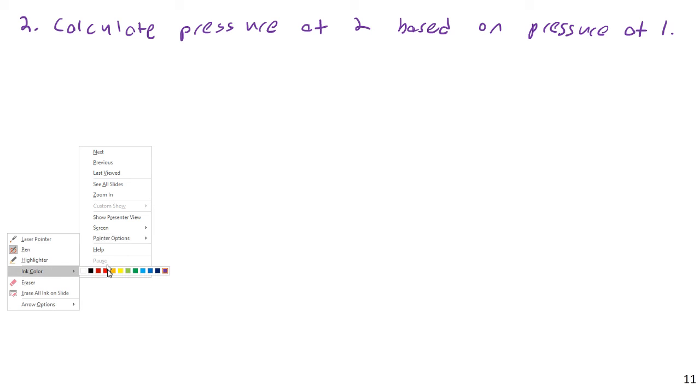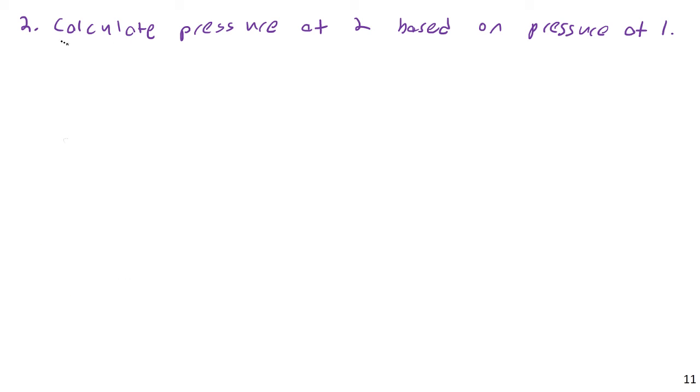So P2 is equal to P1 plus the gamma of the gas times (Z2 minus Z1).